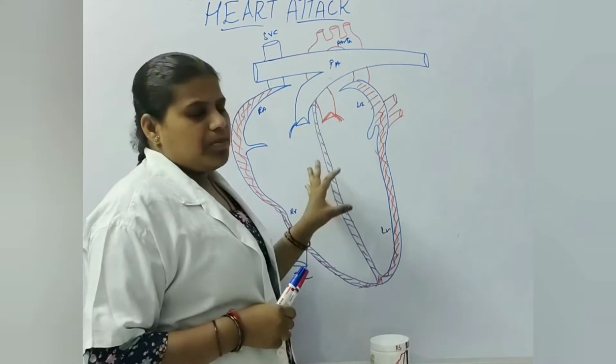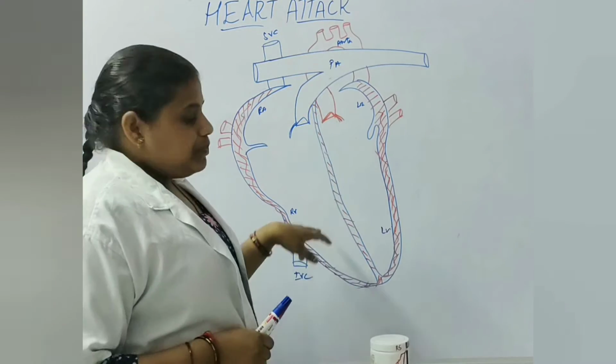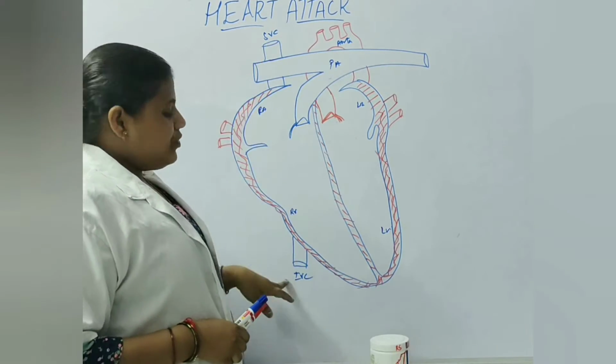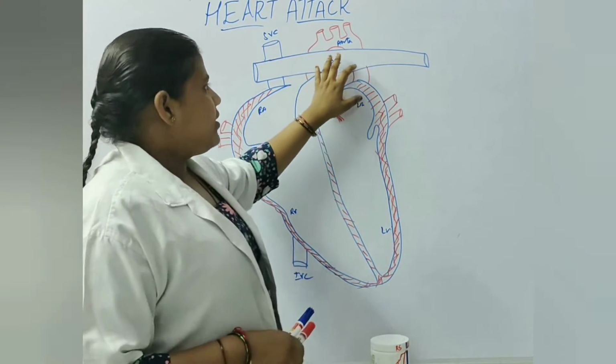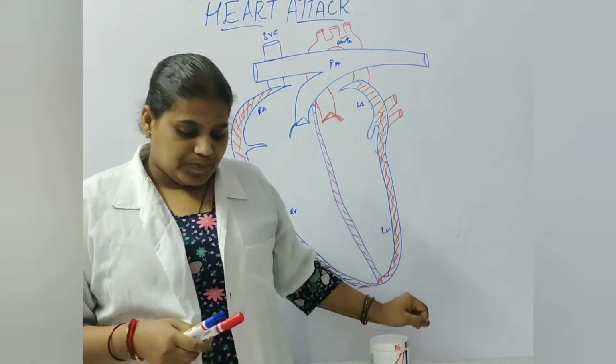Now we have four chambers, which I am repeating from first class: right atrium, left atrium, right ventricle, left ventricle, and superior and inferior vena cava. This is a pulmonary artery, and we have the aorta. Aorta is the largest artery in our body.